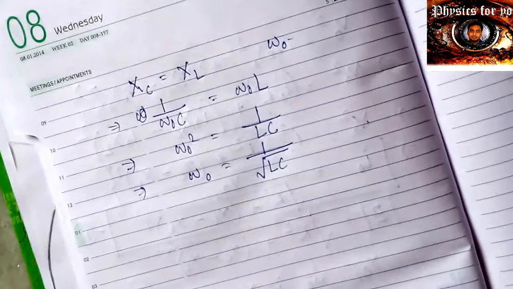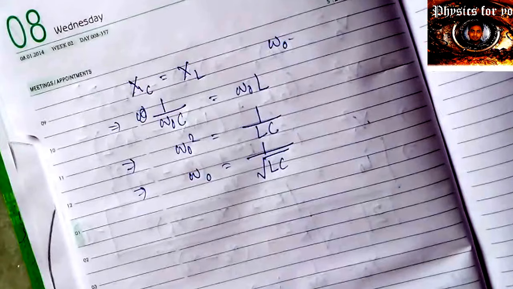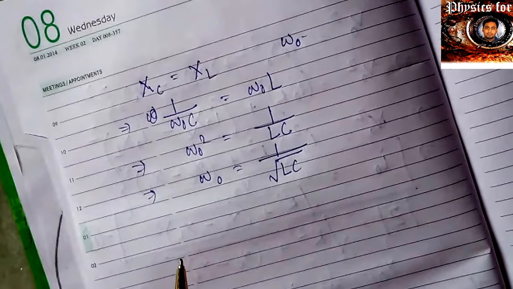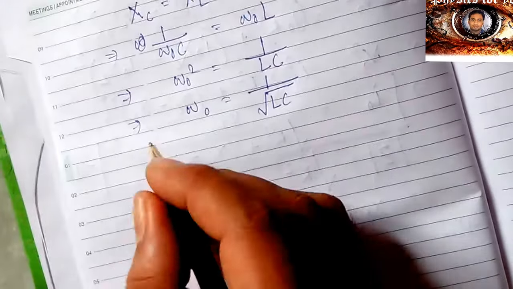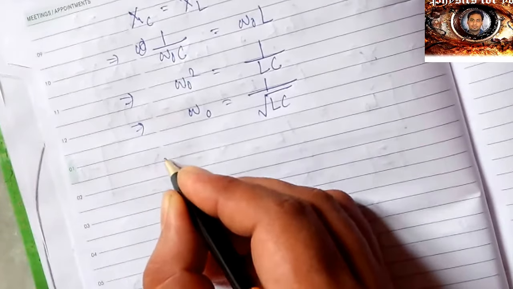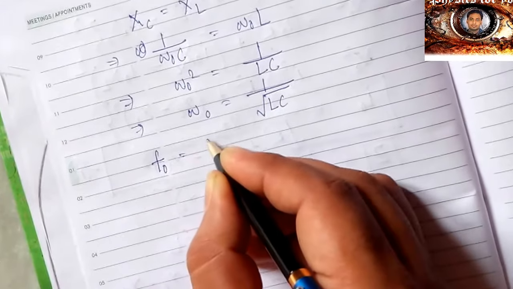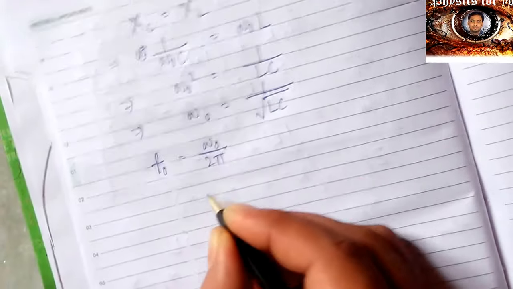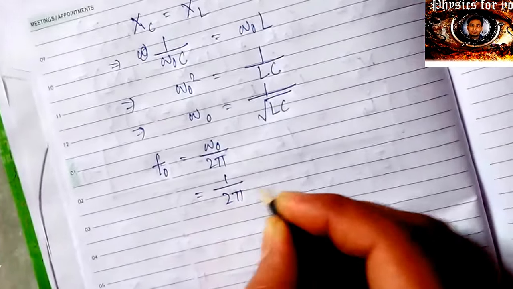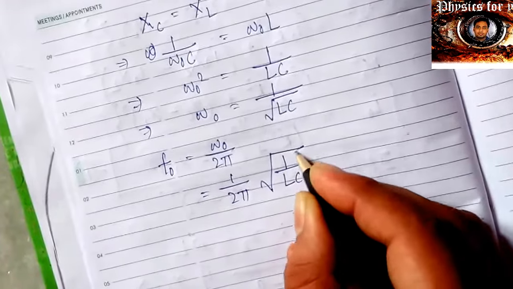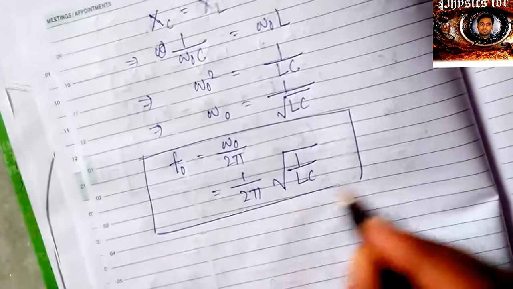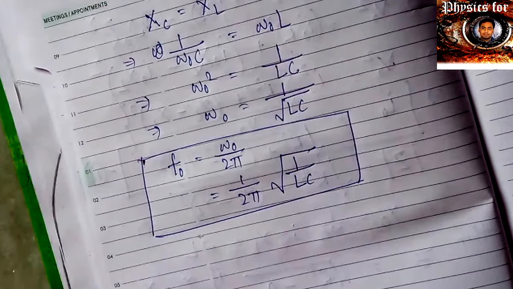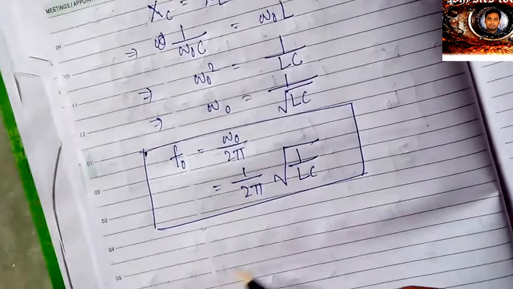This omega naught is called the resonance angular frequency, and the resonance frequency is given by omega equal to 2 pi f. Thus f naught equal to omega naught by 2 pi, so this is equal to 1 by 2 pi into 1 by root of LC. This is the linear frequency corresponding to resonance, that is, this is the resonance frequency.